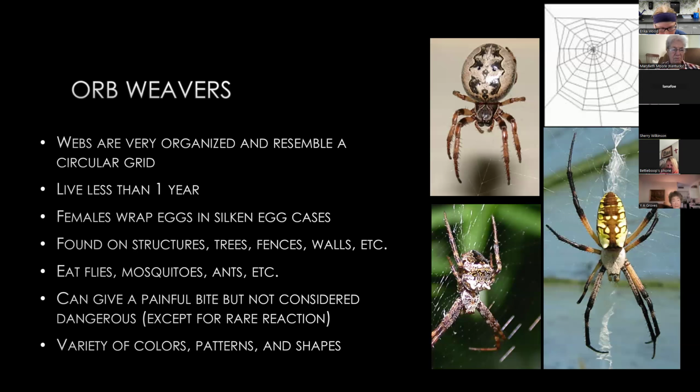Now, with orb weavers, if you leave them alone, they're going to leave you alone, okay? If for some reason you are physically handling one, which you don't really want to be doing with any kind of spider, you may want to use some kind of container if you need to collect them or move them. But if you were physically handling an orb weaver, potentially it could bite. That bite could be slightly painful, but it's not considered dangerous.